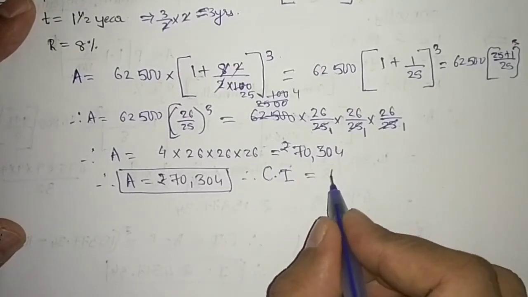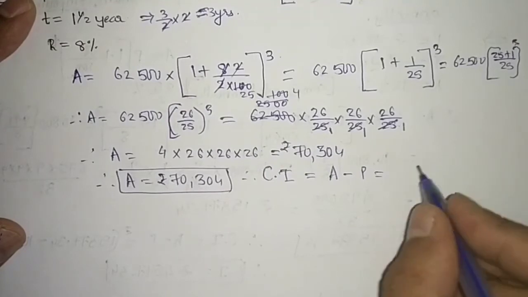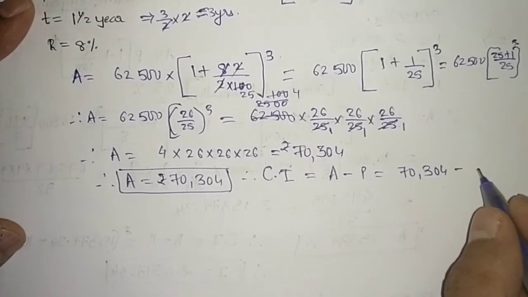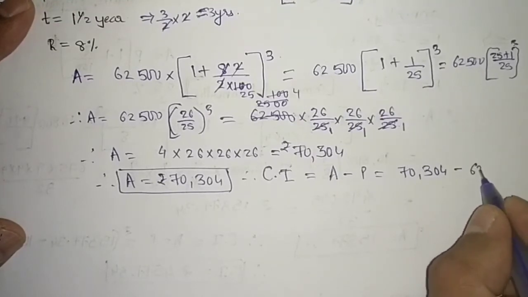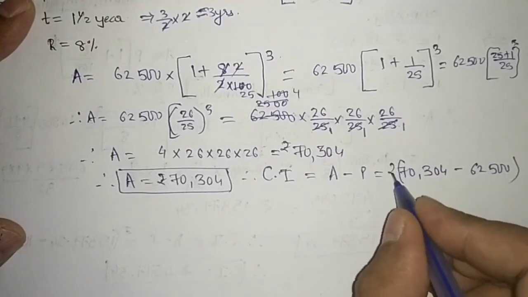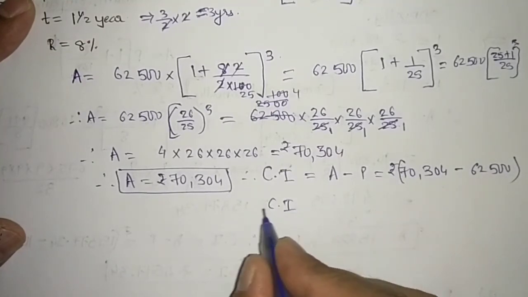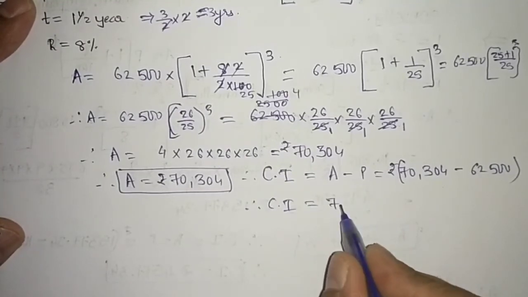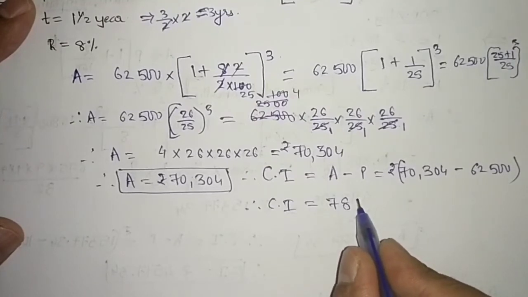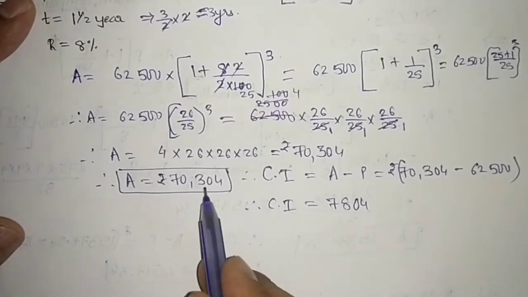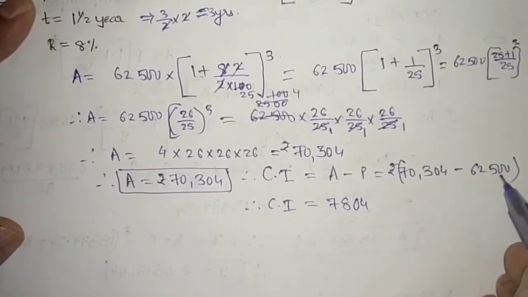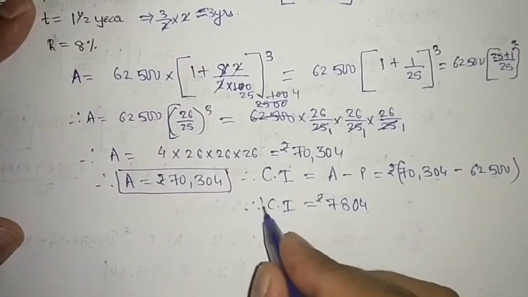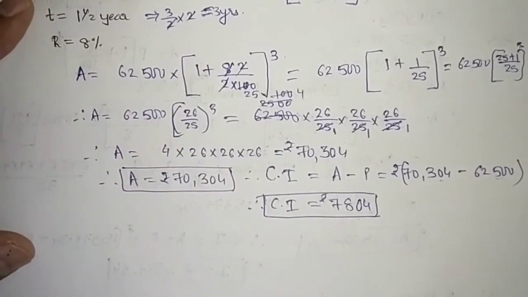Therefore compound interest is equal to A minus P. A is 70,304 minus principal is 62,500. So we will get compound interest is equal to 7,804, that is 7,500 plus 304. So 7,804 rupees. Now moving to part C.